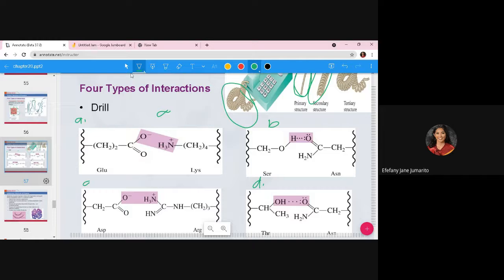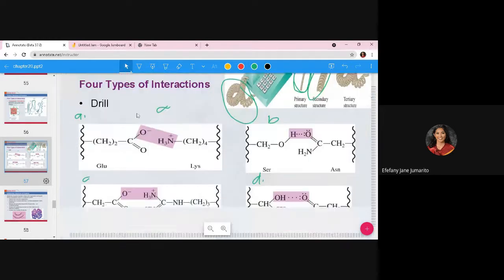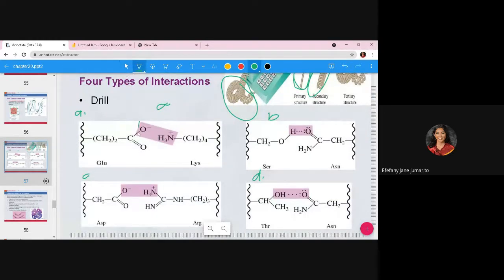It's a tertiary. Now, the interactions, again, so ito interactions sa tertiary, we have the disulfide, the hydrogen bonding, the hydrophobic, and then we have the electrostatic, the salt. Electrostatic occurs when we have a positive and a negative charge.